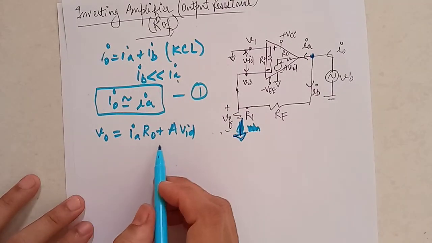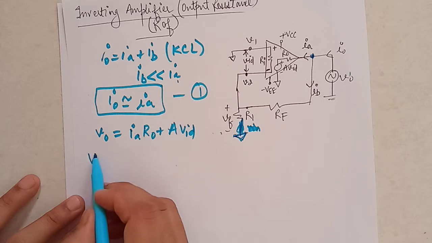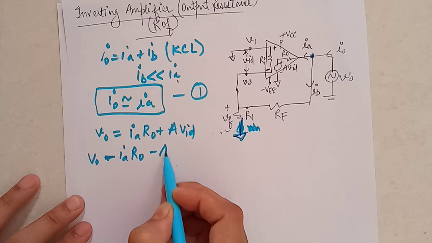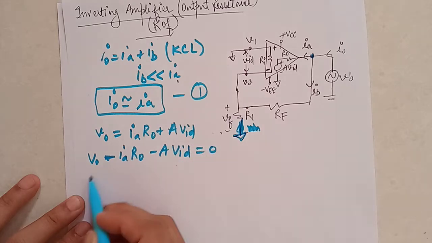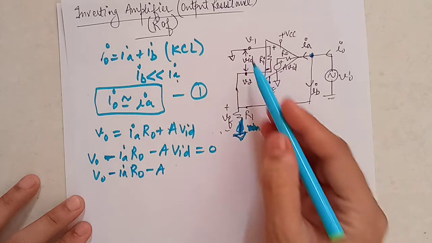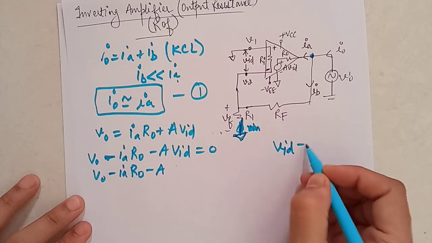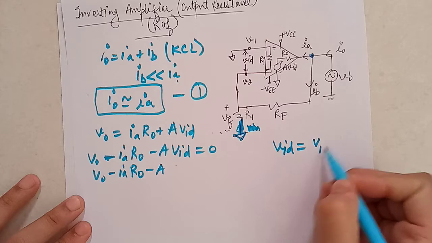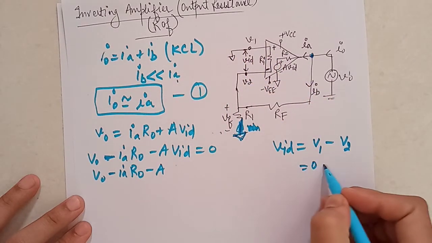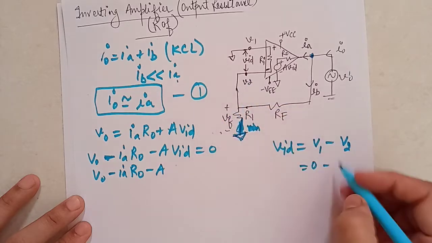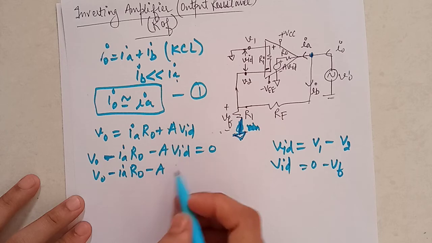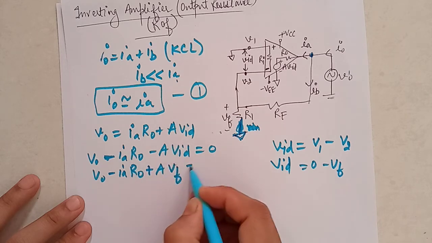Now I can rewrite this equation as V0 minus IA R0 minus A VID is equal to 0. Further, VID here is, you can see, plus of V1 minus of V2. V1 is 0. V2 here is VF. So the value of VID is minus VF. In place of this, if we put minus VF, it will become this much.